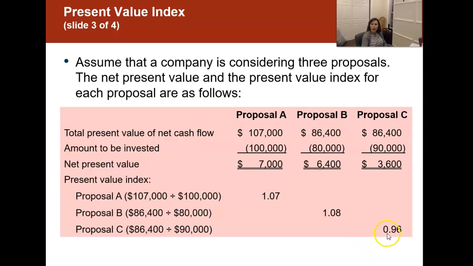So if I go back here, we've got 0.96 on project proposal C, and again, totally not related to the example we just did. These are entirely 3 different projects, but this suggests that we did not come in above our hurdle rate.